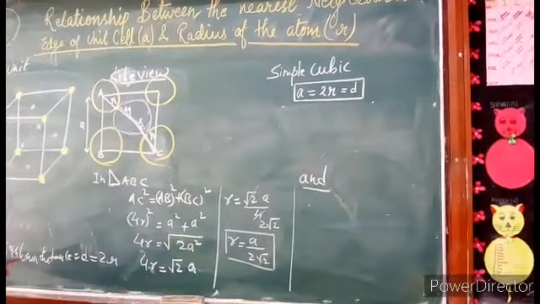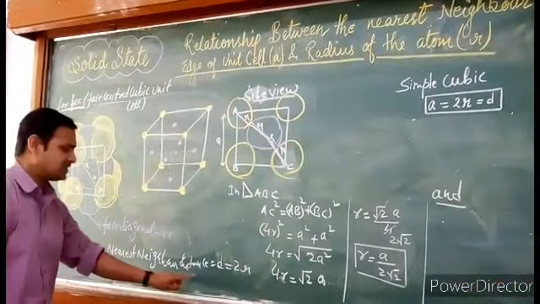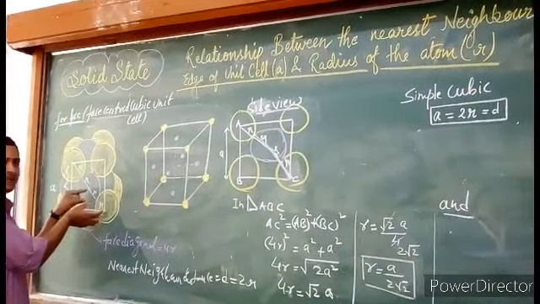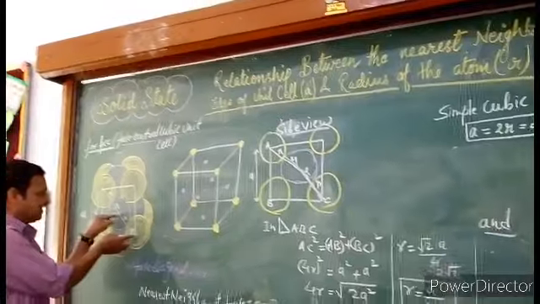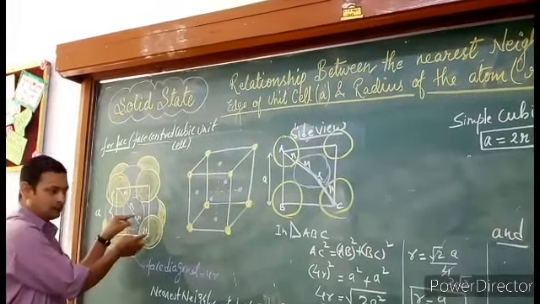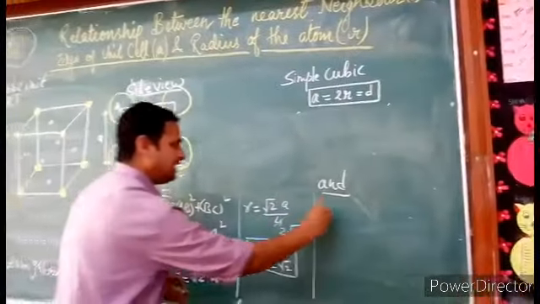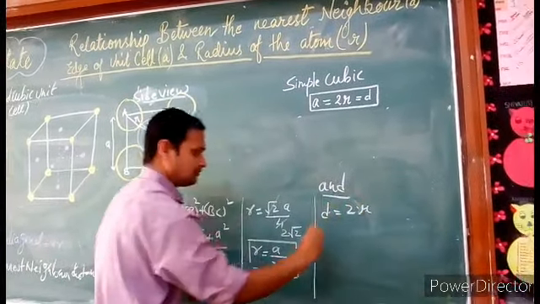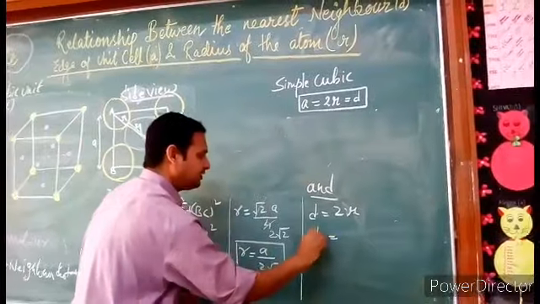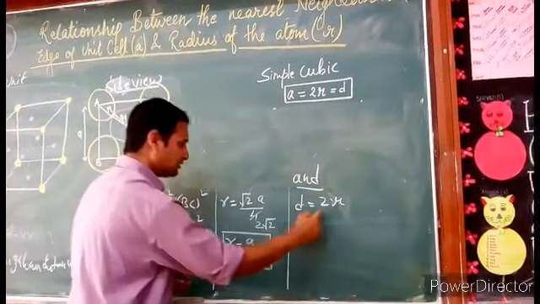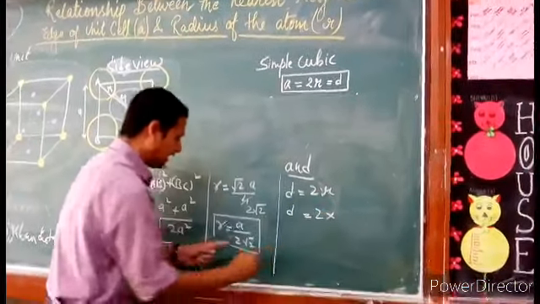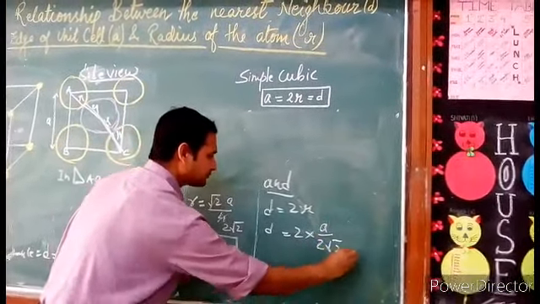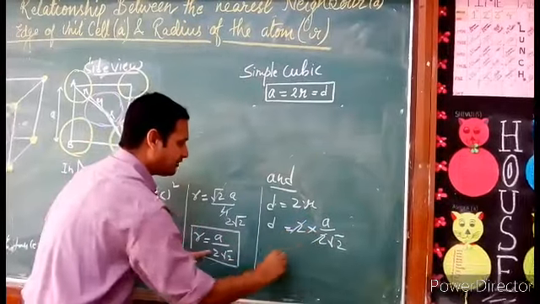Now you see here, what is the nearest neighbor distance? D. It is 2 times R. सबसे पास के दो एटम के बीच की डिस्टेंस कितनी है? D है. D मतलब 2R. So D here will be 2 times R. The value of R is A upon 2 root 2. 2 and 2 cancel, and what we get?